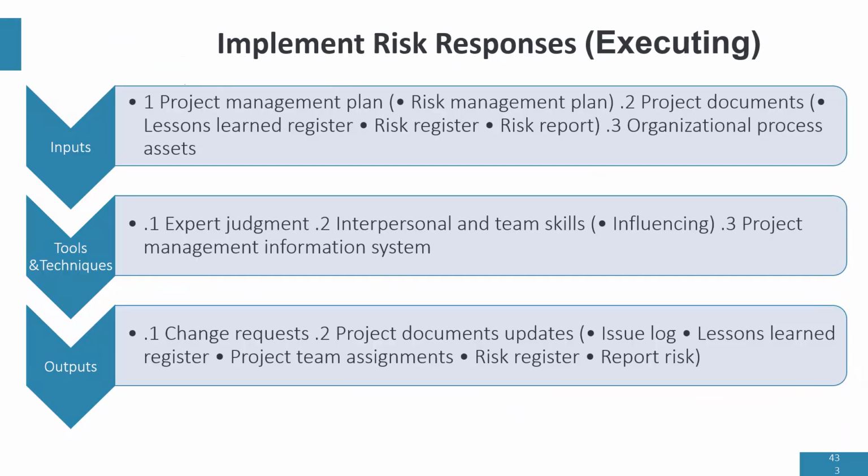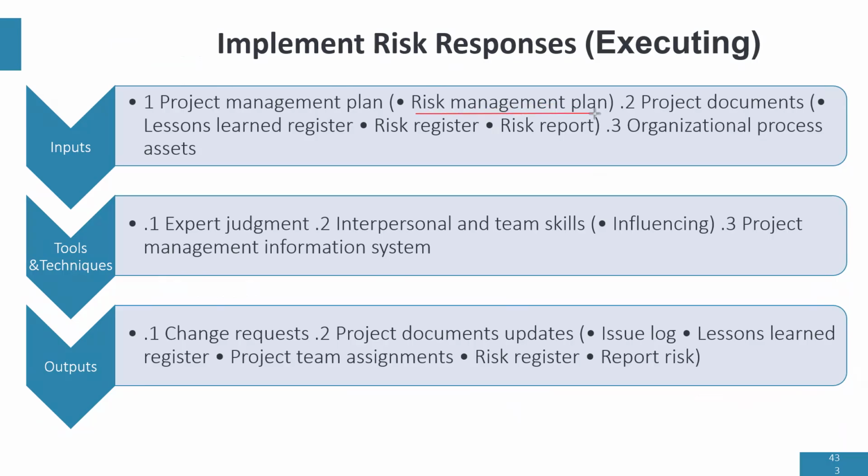Then we have to use our risk register and the risk responses to respond to the risk. So this is a natural process that occurs when we start executing the project and risks start occurring. Then we implement the risk responses in the risk register to solve the problem.